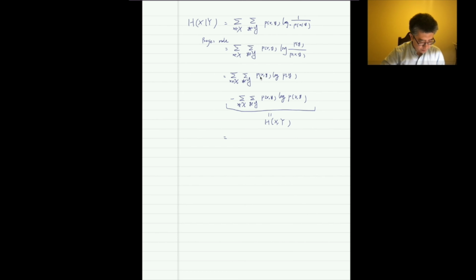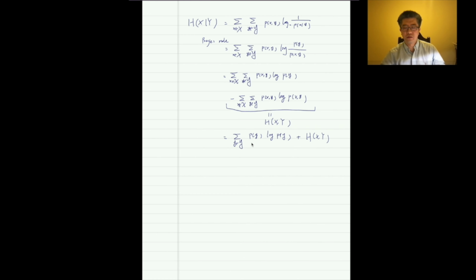If we compute the marginal distribution, we move this inside, and we have P(y) here only. X will be gone if we take the summation over x, and then it is log P(y), plus H(X,Y), right?